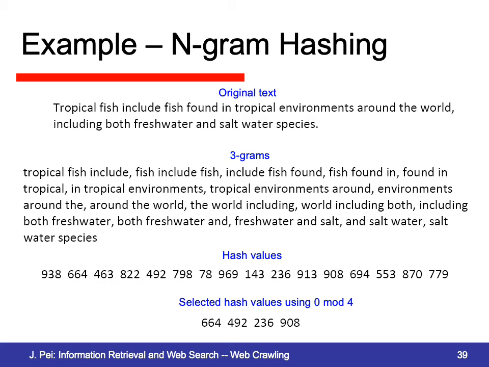So the first number, 938, mod 4 is not 0, it's 2. So we do not take it. And the second one, 664, mod 4 is 0, so we take it. So we derive the selected hash values using this formula and get the fingerprint of the 3-gram set.